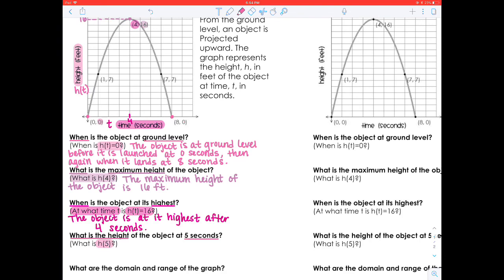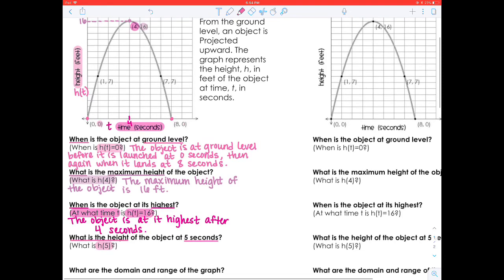So we can go on our x-axis to 5 seconds and find the height value that corresponds with it. So this is 5. And so the point that goes with that is up here. I'll label it. So that is 5. And then that height must be 15 since it's one below the 16.